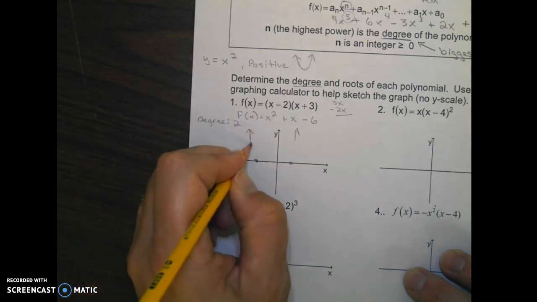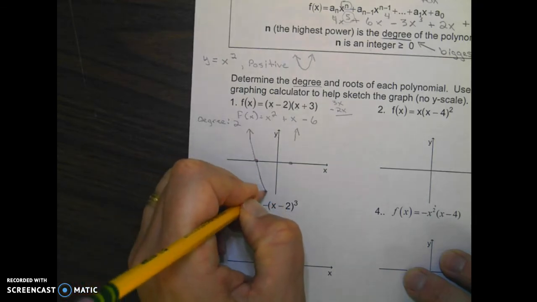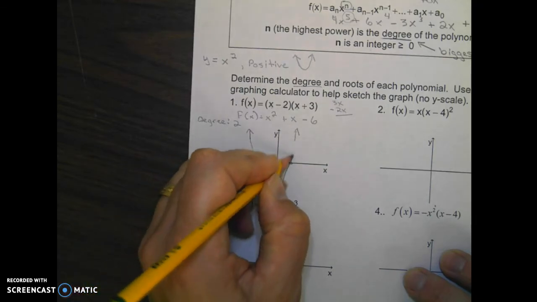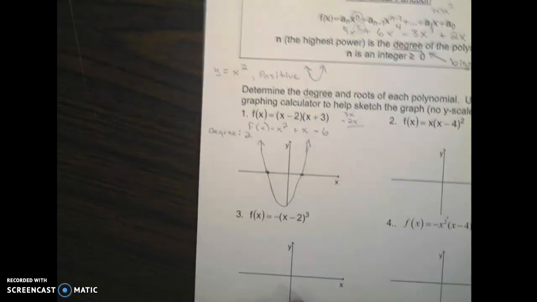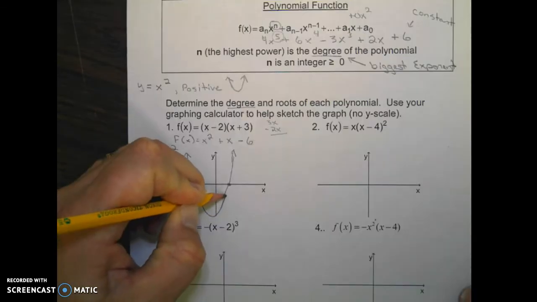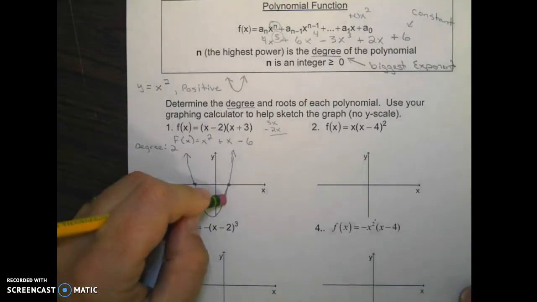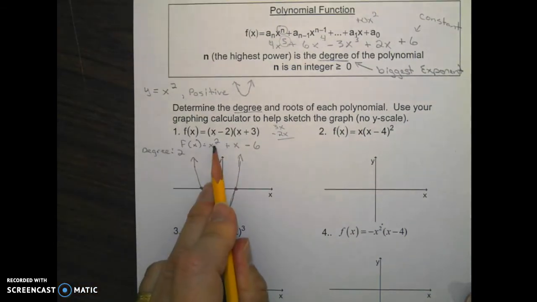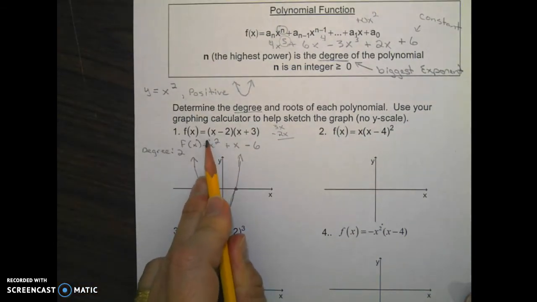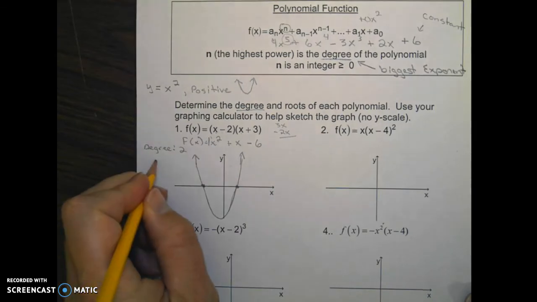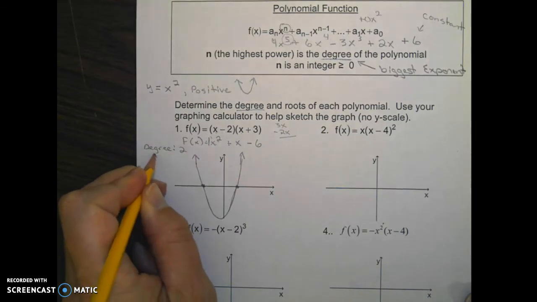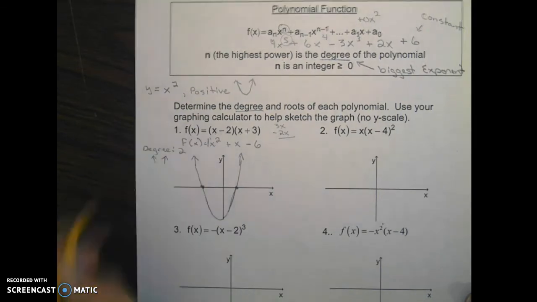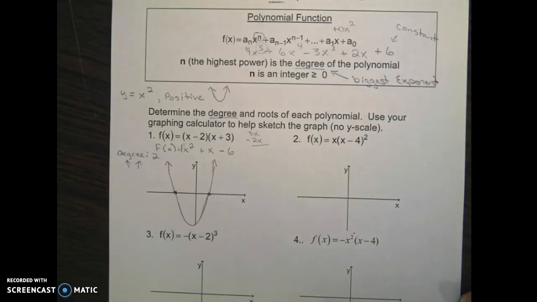Okay, and so we're going to go through there and through there. Okay, so next, so we have a degree 2, and since the leading coefficient is positive 1, the end behavior would be up and up.